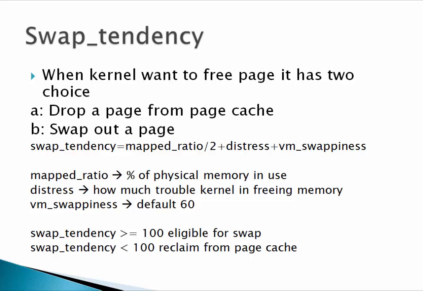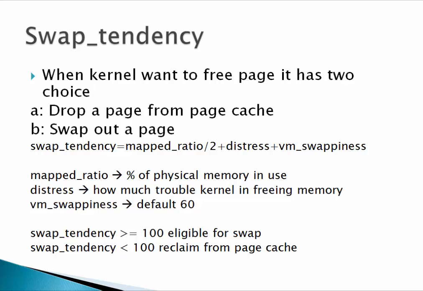If the output is less than 100, then we can reclaim a page from your page cache. The swap_tendency is equal to map ratio plus distress value plus vm.swappiness.